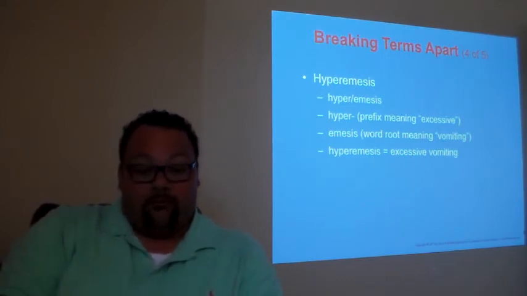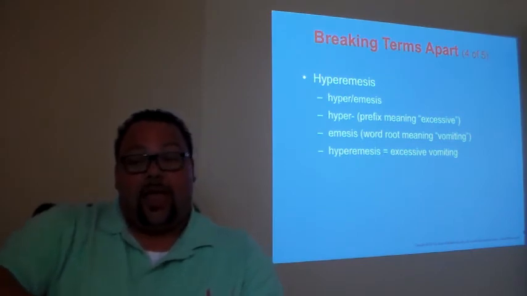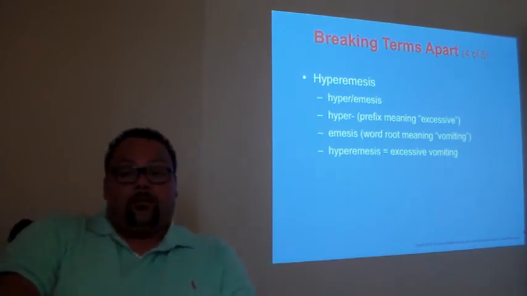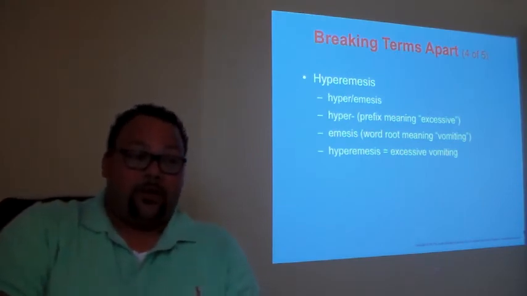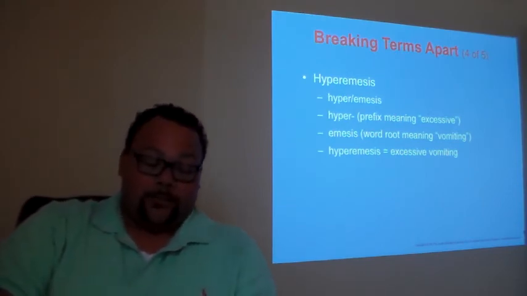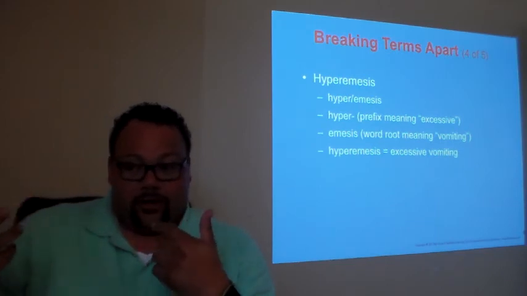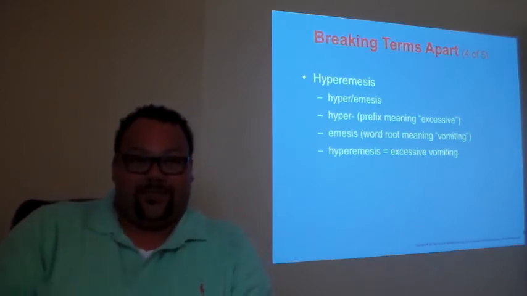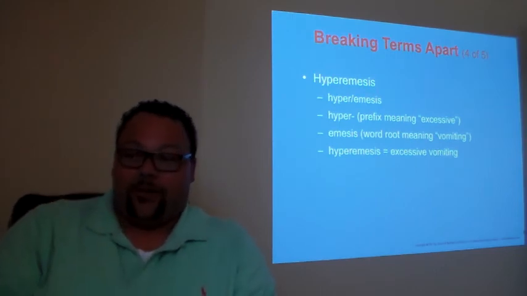Vomitus is the actual vomit itself. Emesis is the act of vomiting. So hyperemesis means you're vomiting excessively. That Exorcist type vomiting. Pretty gross. Yep, you're spewing at that point.